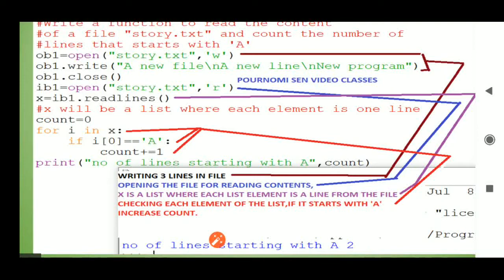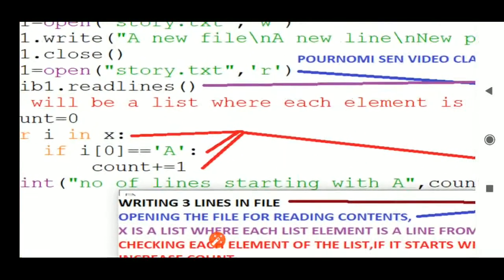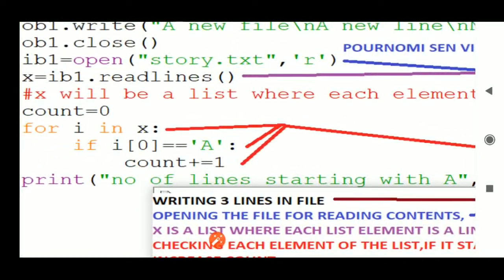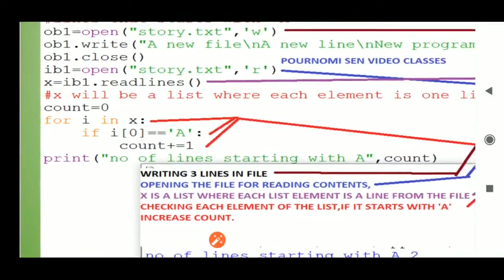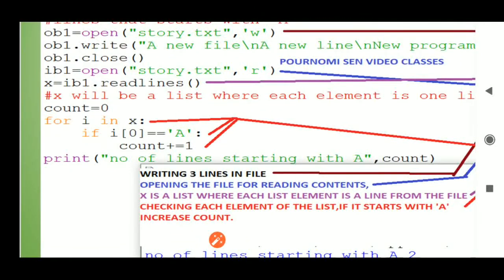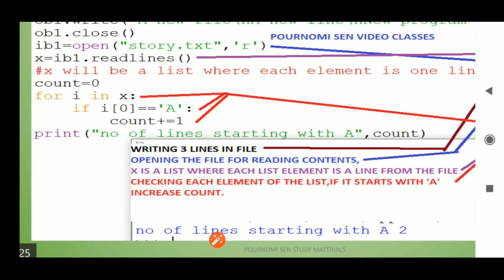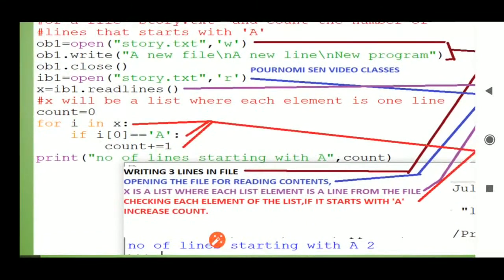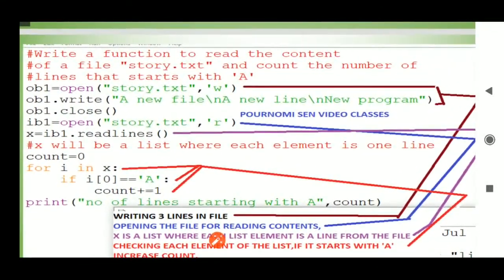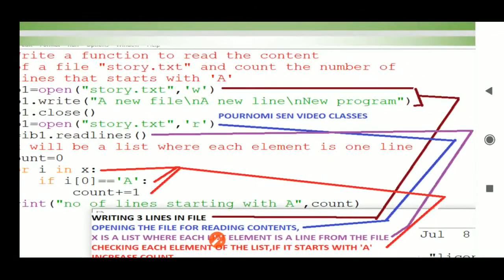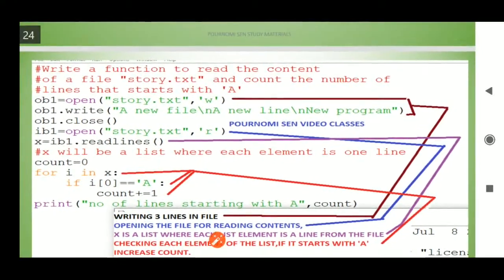So how to check whether the line is starting with a or not? i is the line, so i[0] will be the first character. If i[0] equals a, that means the line starts with a. Now, what output do we get? In our file, we have a new file which is starting with a. The next line, a new line, is also starting with a, and the last line, a new program, is not starting with a.